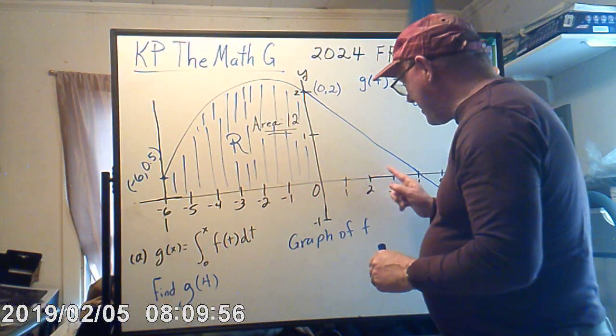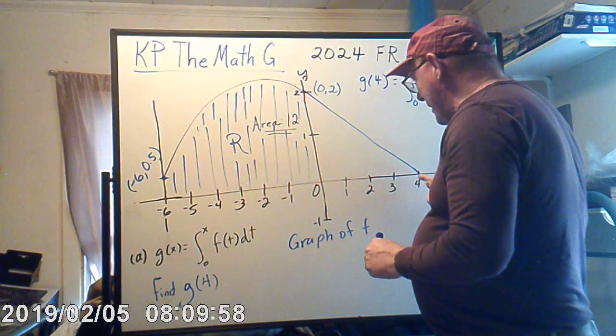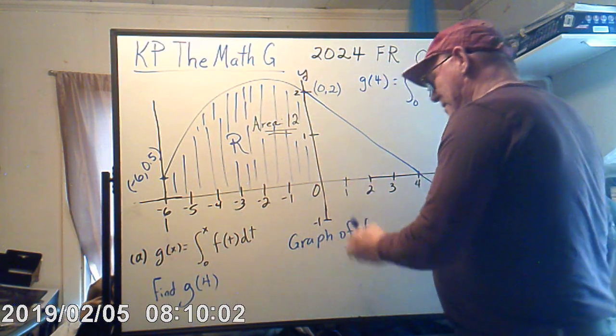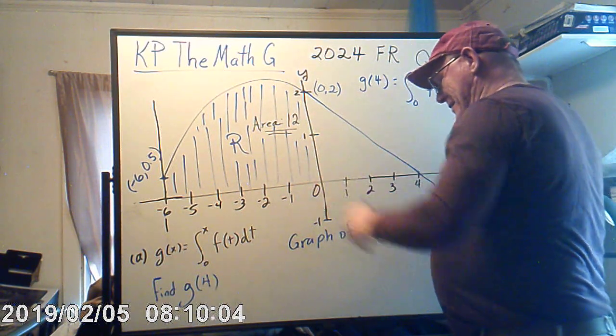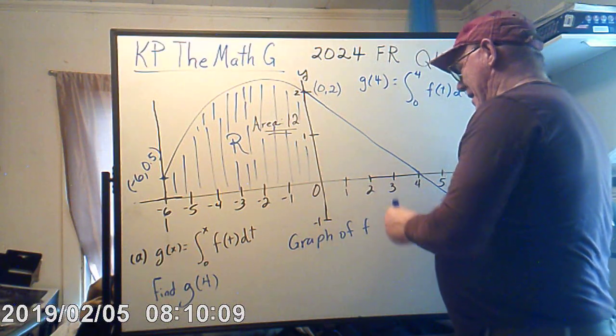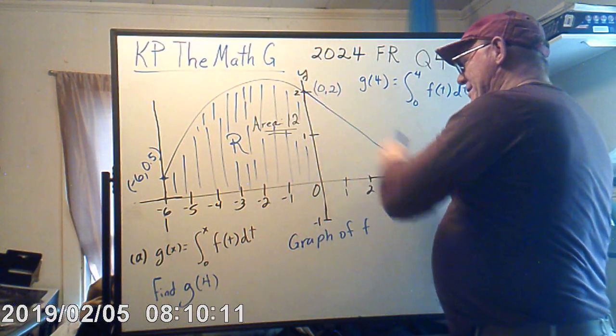Now notice right here, this is a triangle. We know it is bounded by the y-axis, the x-axis, where x equals 0 and y equals 0, and the equation itself.